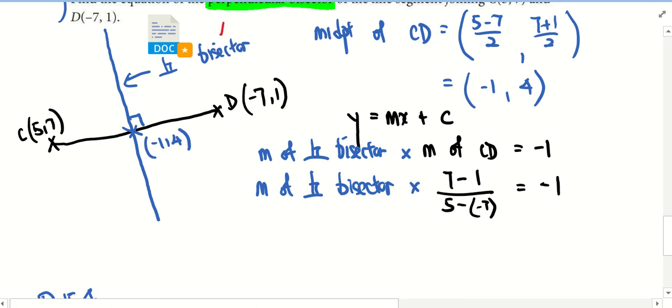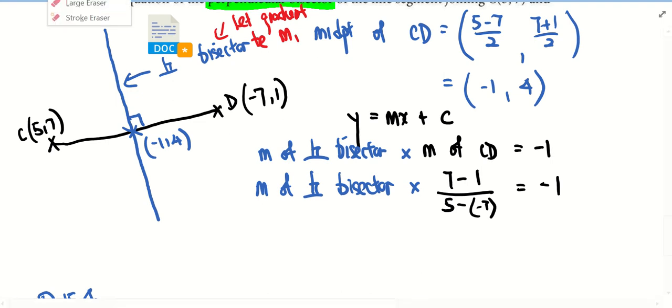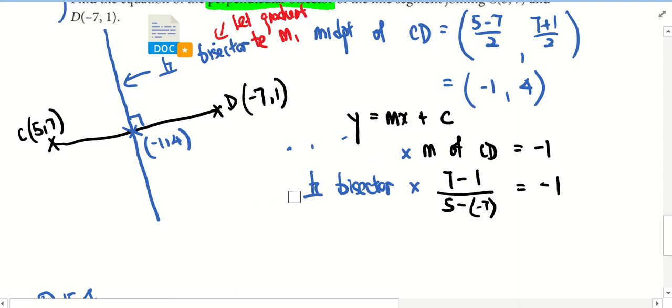Let the gradient be M. If you want, you call it M1. So, then it's easier. I don't have to keep writing this long thing. Okay? Remember, just write M1.